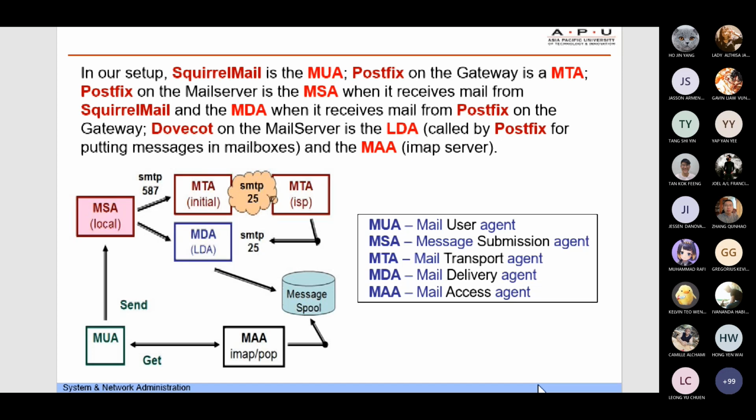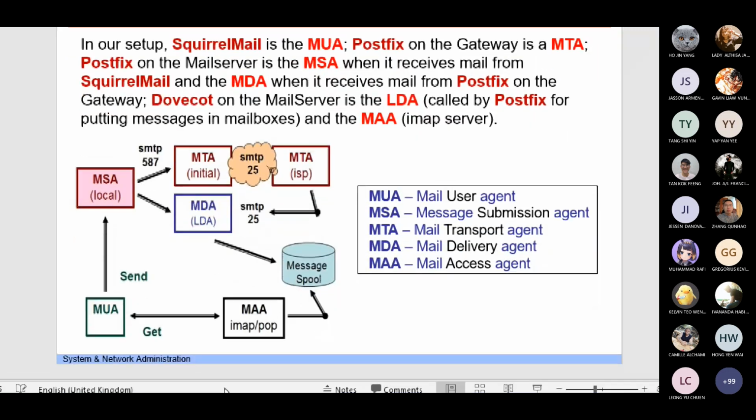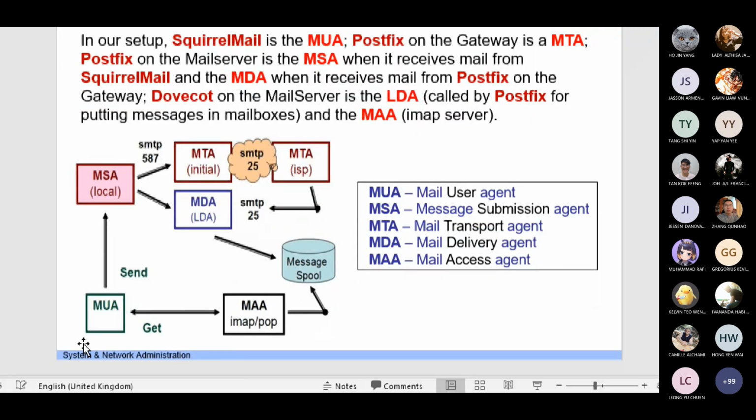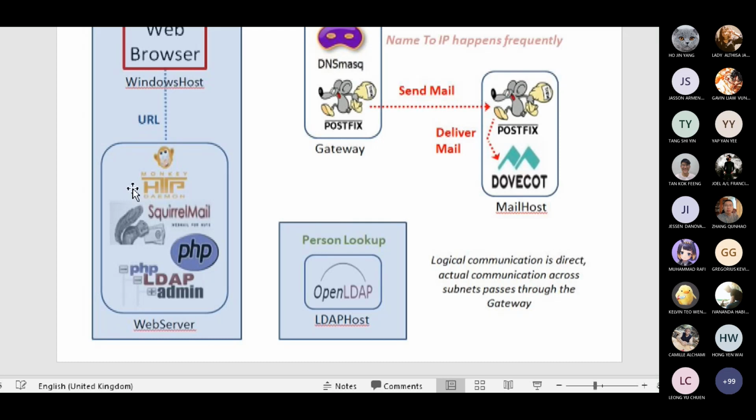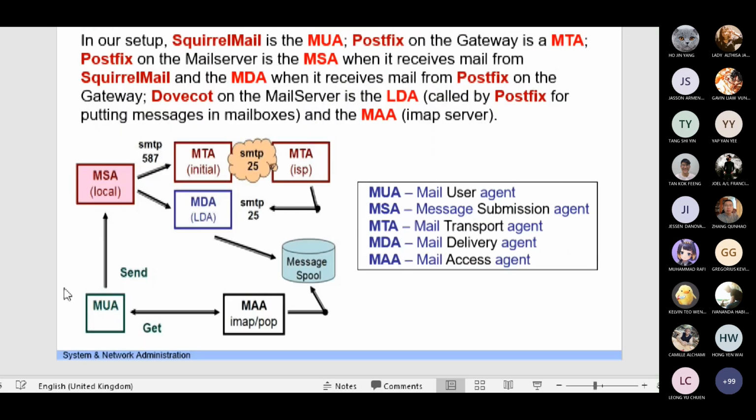But it does show us the architecture in a kind of boxes and arrows way. When we talk about Squirrel Mail running on our web server, that is the mail user agent that has the proper user interface.